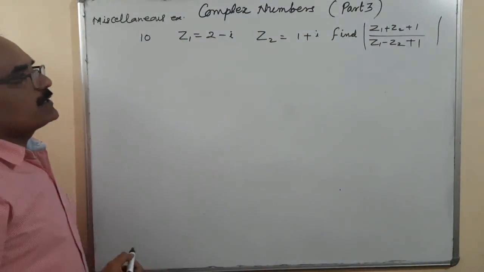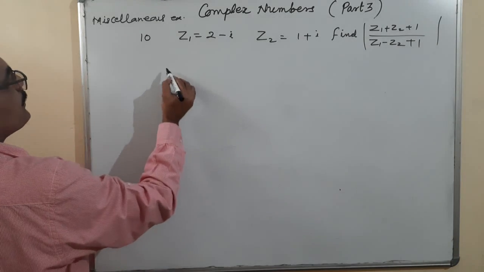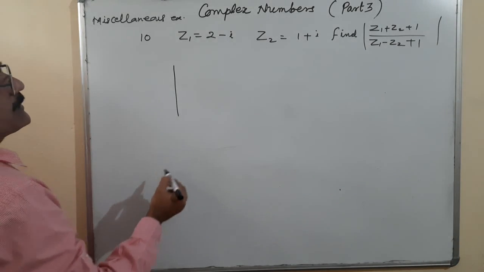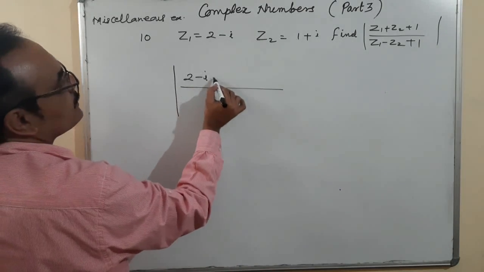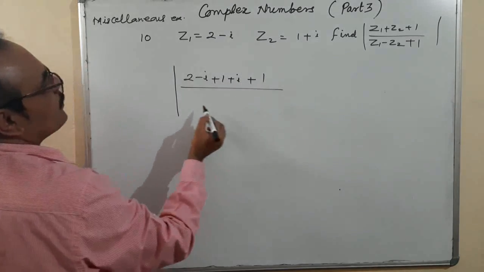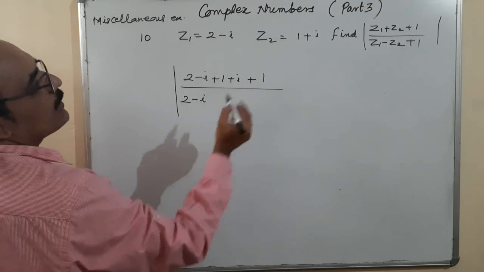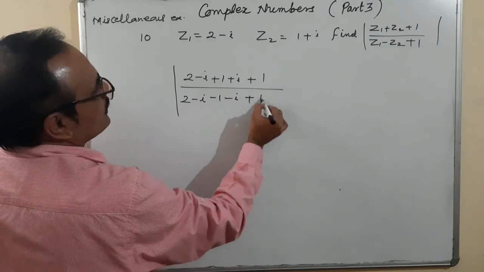We'll put the values of Z1 and Z2 directly. Z1 plus Z2 plus 1 upon Z1 minus Z2 plus 1 becomes 2 minus i plus 1 plus i plus 1 upon 2 minus i minus 1 minus i plus 1. Is it okay?